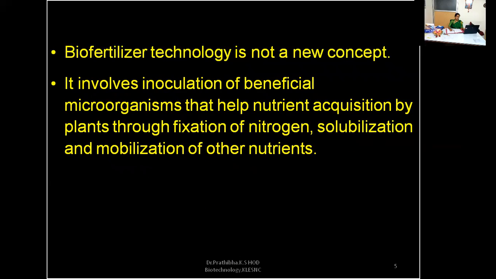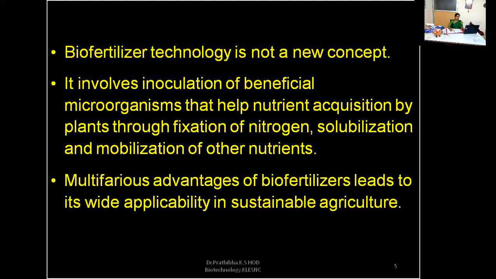So this is the principle behind biofertilizers, and what we are using here is microorganisms. Microorganisms play a very important role here to convert the soil into a very healthy and fertilized soil. Multifarious advantages of biofertilizers lead to their wide applicability in sustainable agriculture.